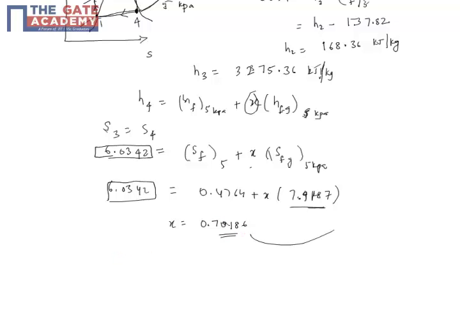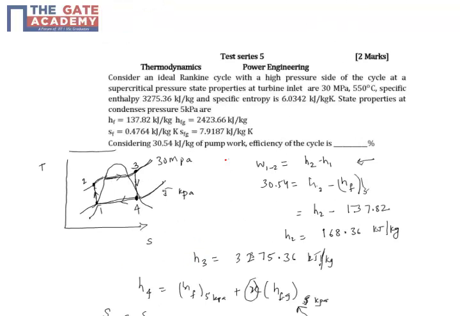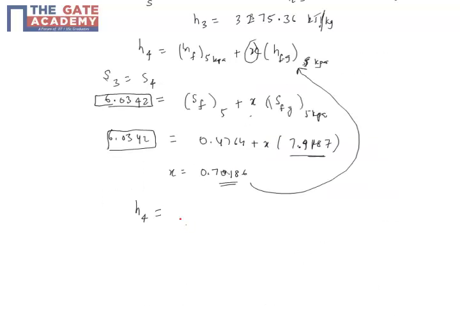So once I get that, I go and substitute in this enthalpy equation, where HF is given as 137.82 plus dryness fraction 0.70186 into HFG.